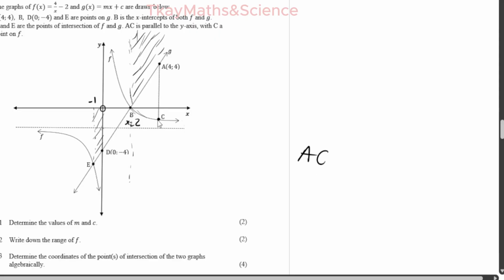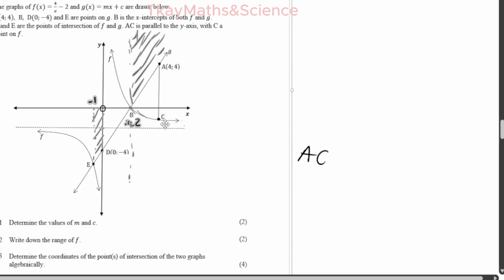This one is parallel to this line, which means the values of x here and at C are the same, which is 4 and 4.